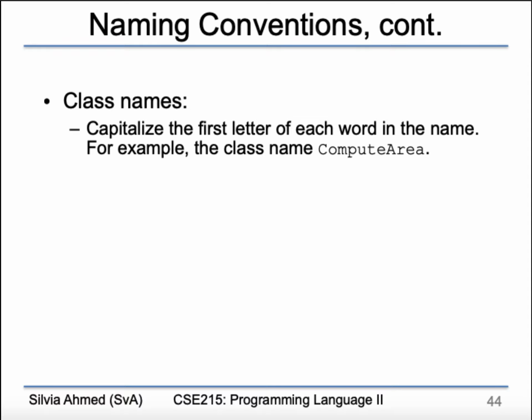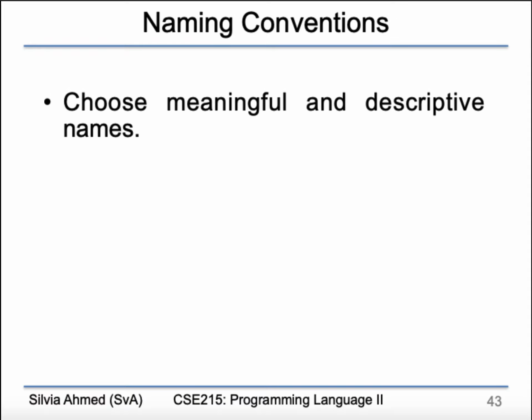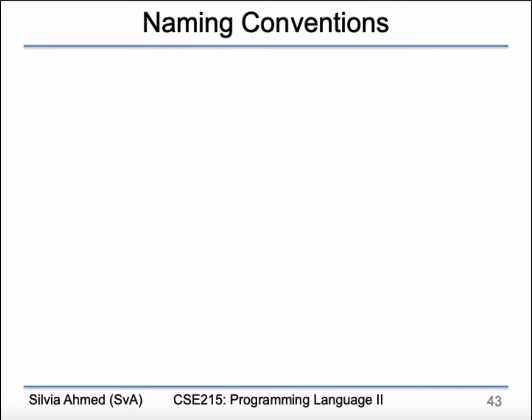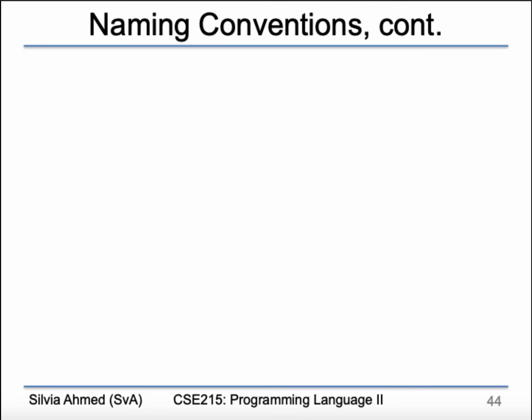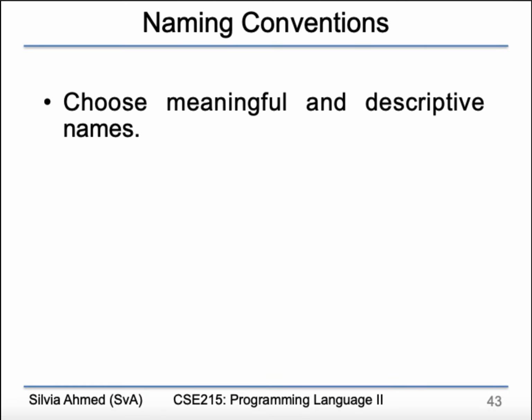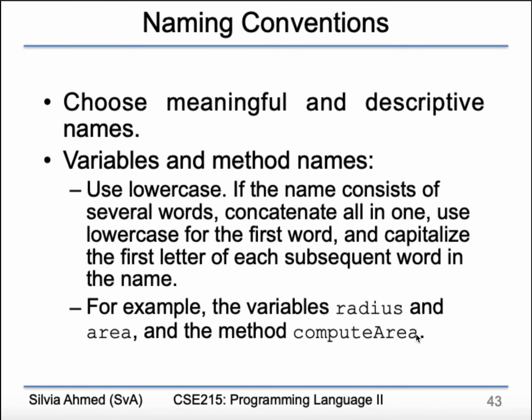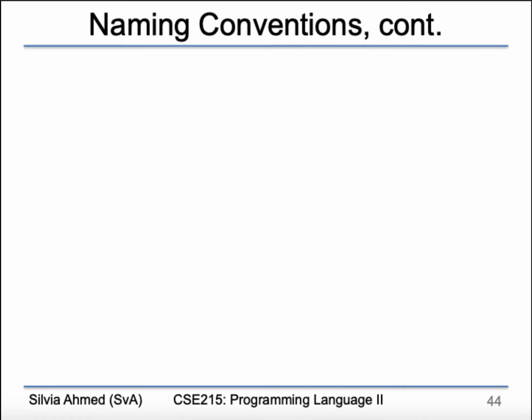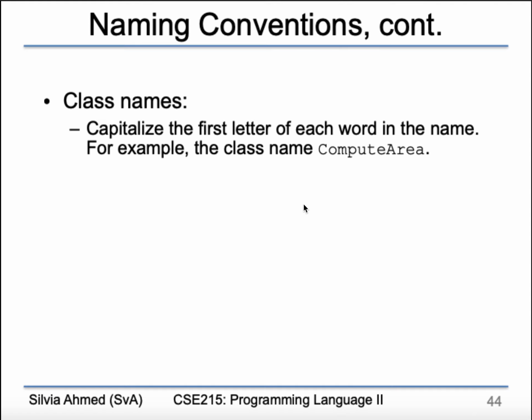In this way, when you see computeArea that starts with a lowercase letter, you understand this is the name of the method. And when you have the same ComputeArea but with a capital C, you will understand this is the name of the class. Okay.